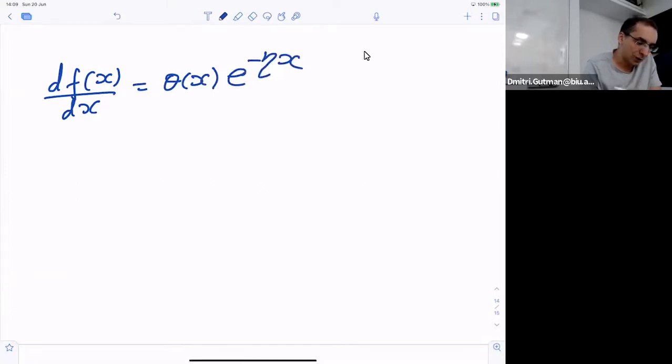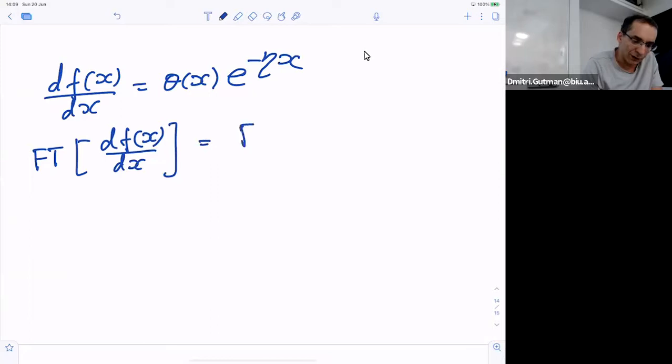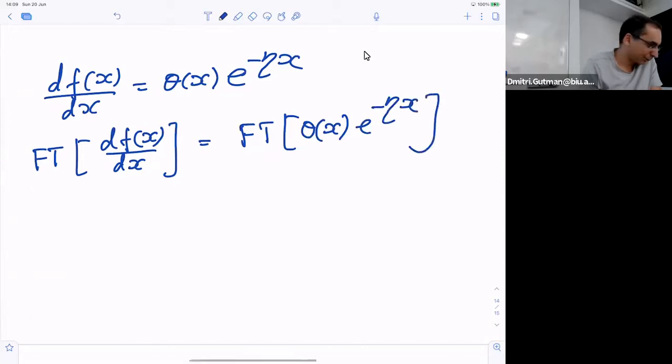Okay, so let's Fourier transform. We have the Fourier transform of df of x over dx should be equal to the Fourier transform of theta function of x e to the minus eta x.